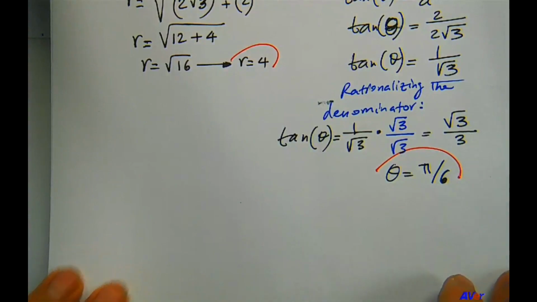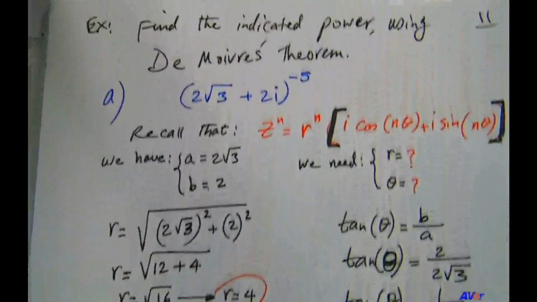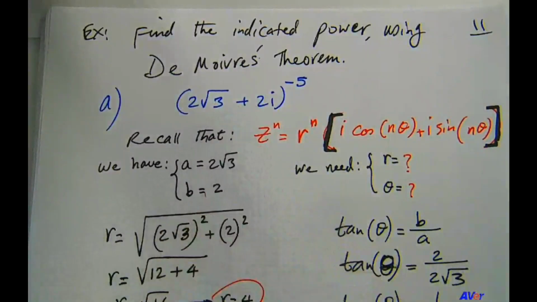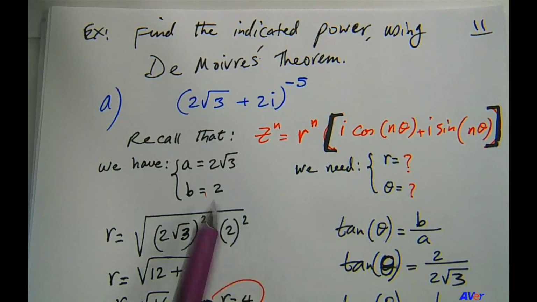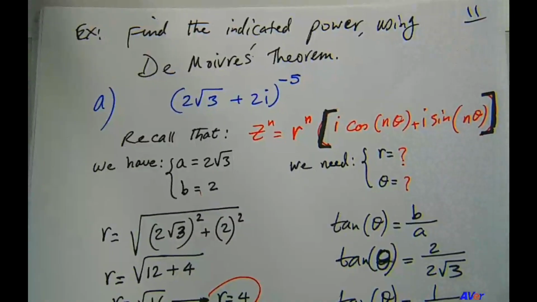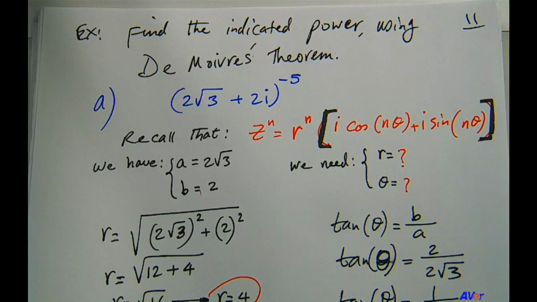and then we can rewrite this complex number in terms of a polar complex number. Once we do that, then we can apply de Moivre's theorem.